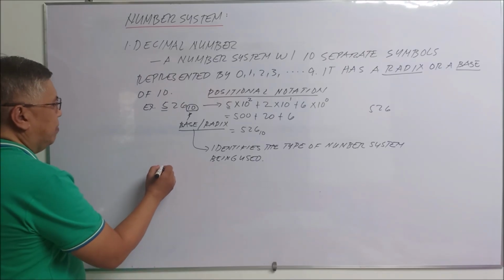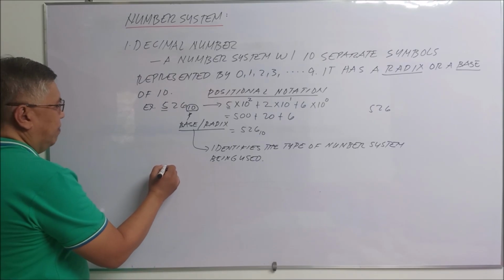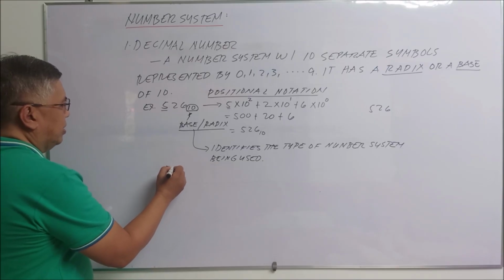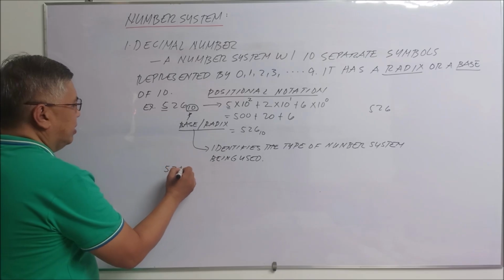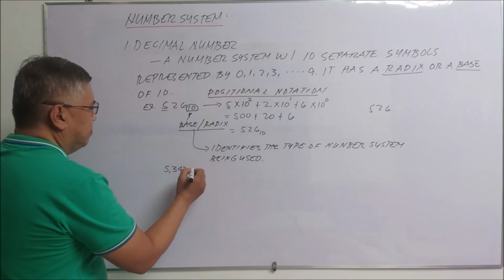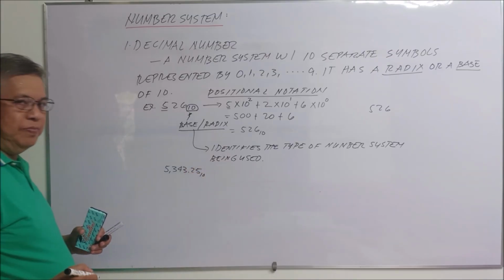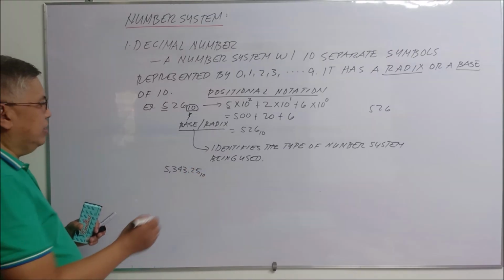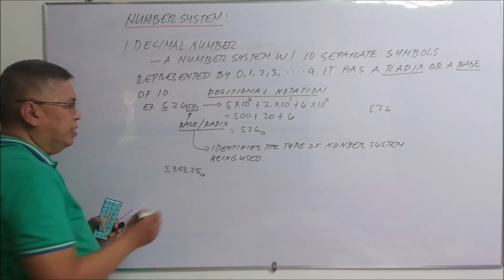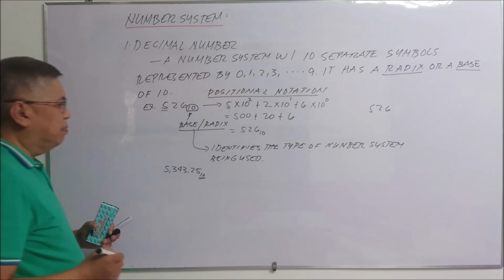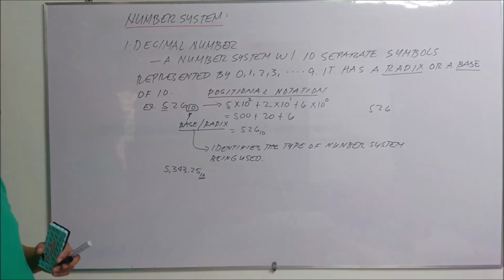Okay? So, another example is, let's say, 5,343.25 of base 10. Okay? So this is a decimal number because of the presence again of your base or the radix.